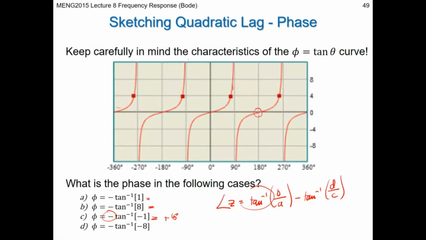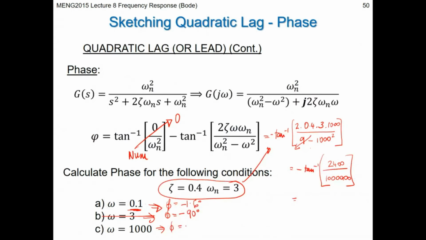In this case, you'd want to take the 180, because if you take it, then that gives you phi equals minus 180 degrees. Otherwise, if you take the 0, that's not how this phase line actually flows. So you do have to be careful, and this is the point I was making by showing those tangent curves.